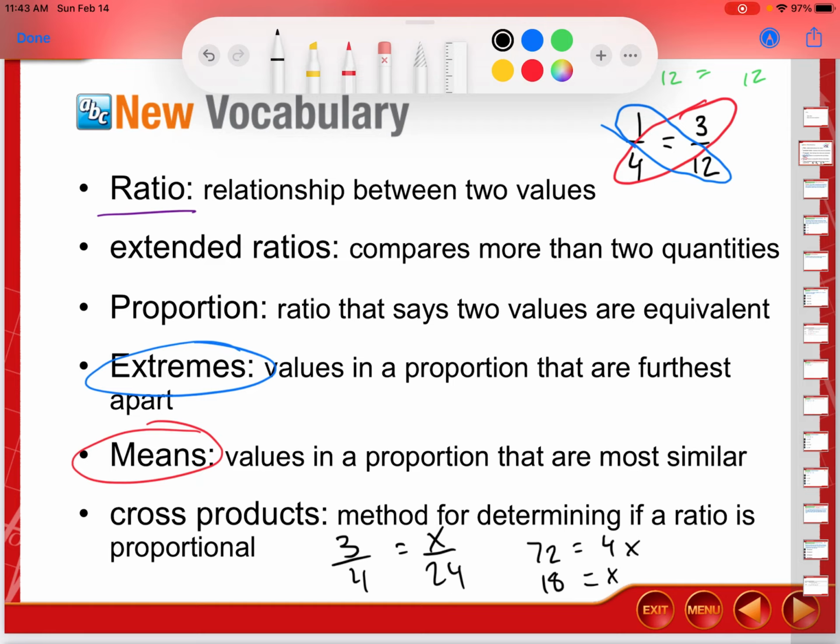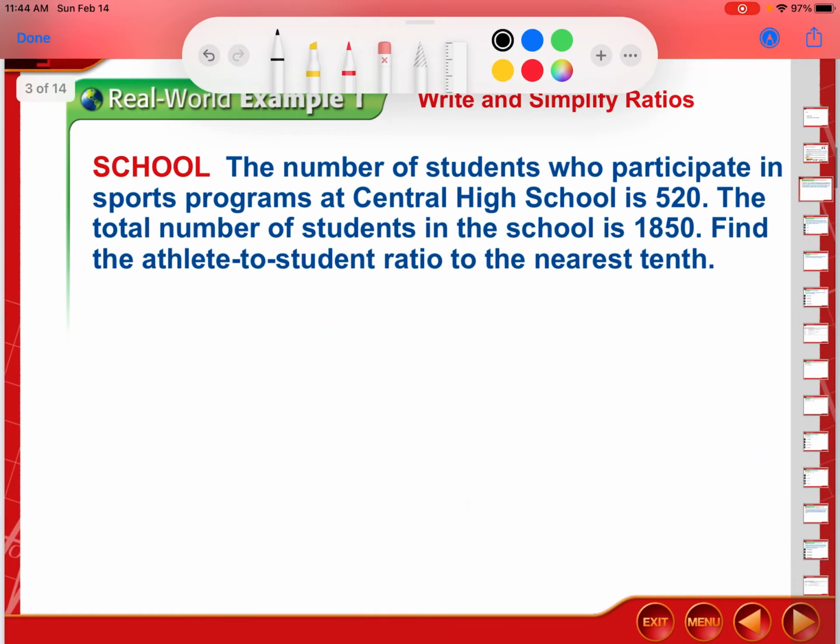So cross products or cross multiplication is kind of a big deal. We use it a lot. However, you should be familiar with it already, so I don't know if it's really necessary as vocab in your notes. So let's get into some example problems.